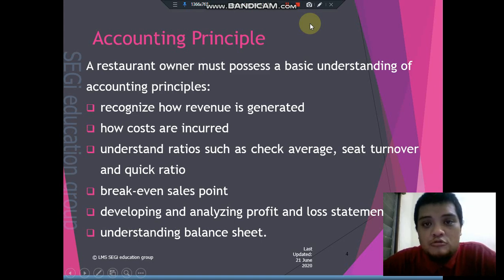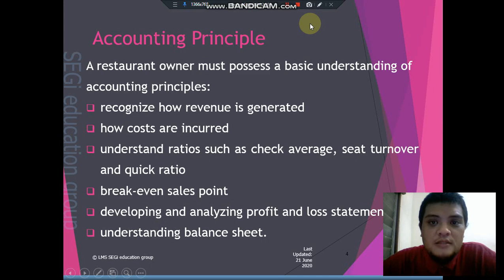As a good restaurant owner, you should be aware of all the revenue streams in your restaurant. Number two is how costs are incurred. How costs are incurred refers to how many types of costs you actually deal with. In any restaurant, you will have two major types of costs.